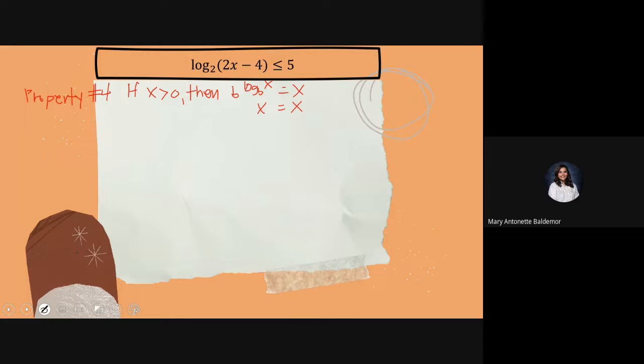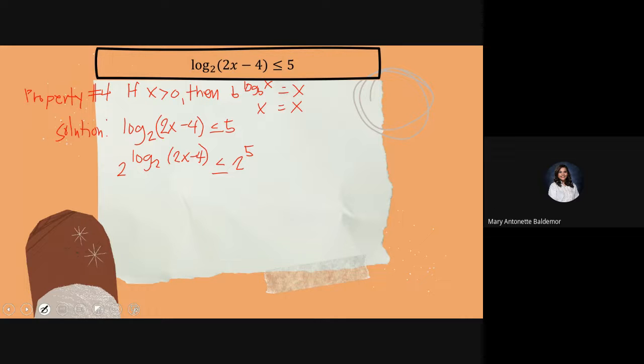Okay, so for the solution, applying this property, we can rewrite the logarithm of 2x minus 4 with base 2 less than or equal to 5 as 2 raised to the logarithm of 2x minus 4 with base 2, less than or equal to 2 raised to 5.